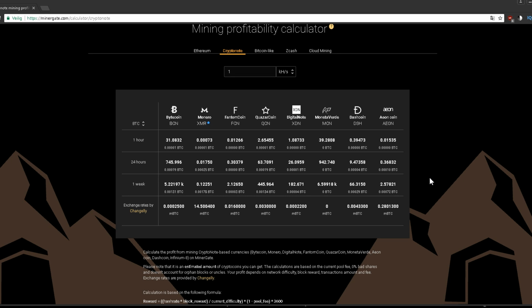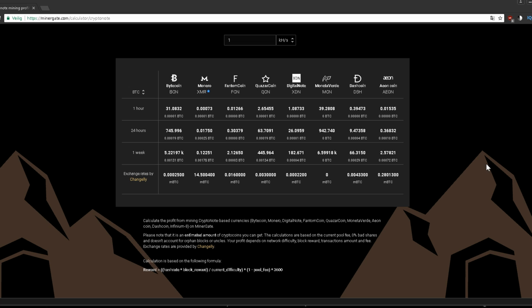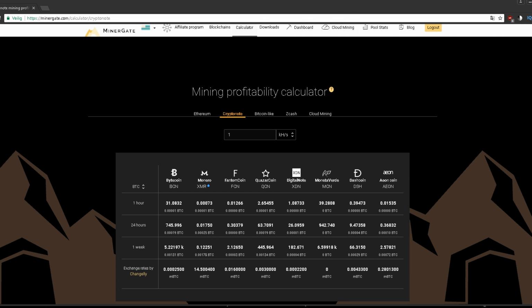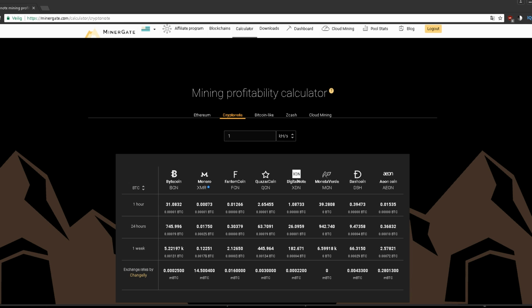Maybe some invalid shares, maybe some other problems. So yeah, just a general overview on how much you can make.